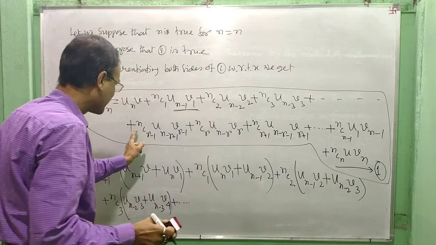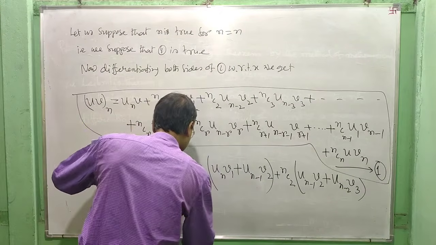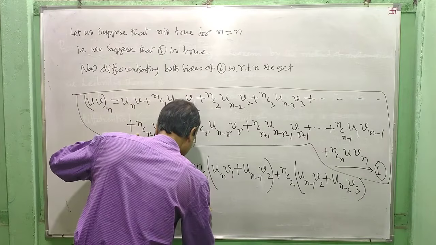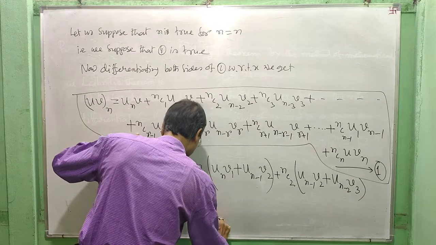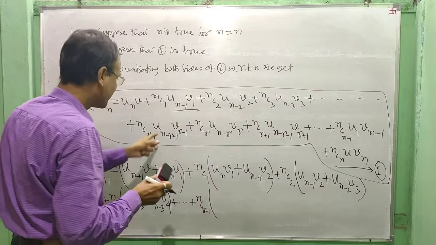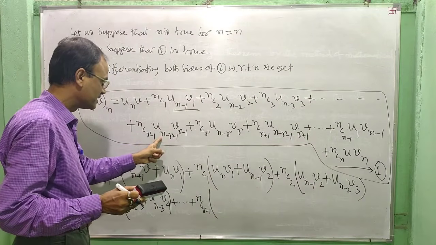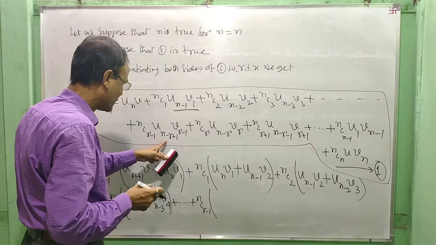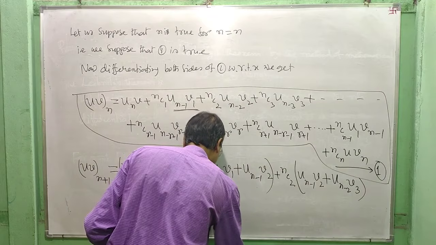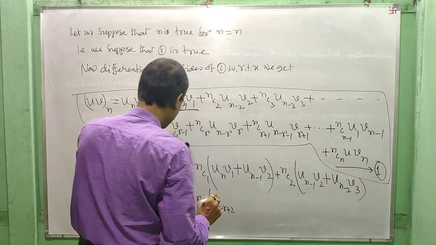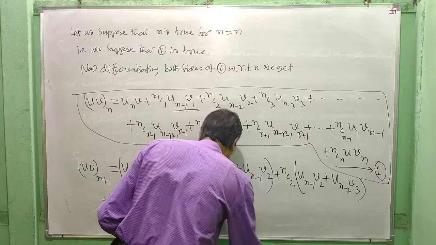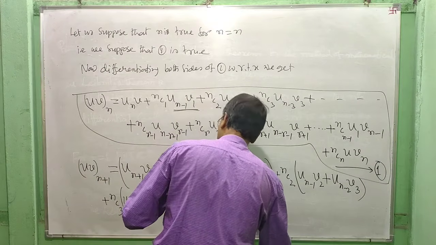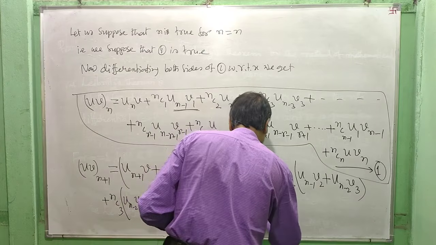Now this term, nC(r-1), differentiate this: u^(n-r+2) v(r-1) plus u^(n-r+1) vr.